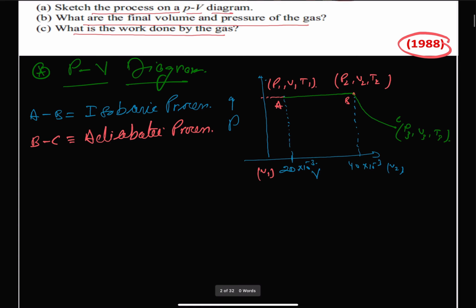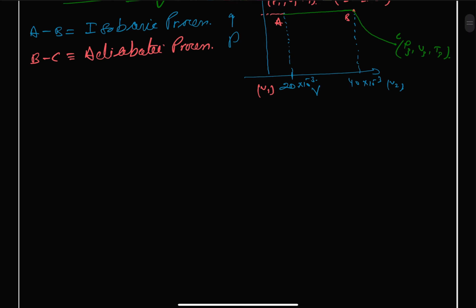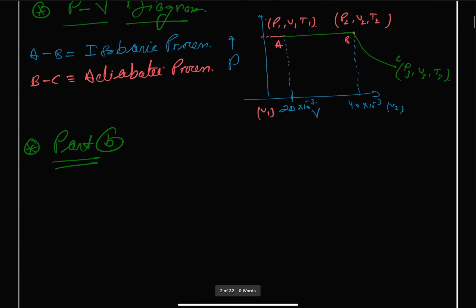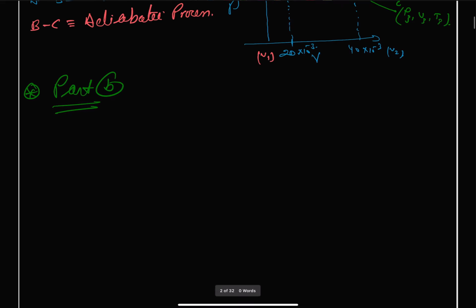Now, this was part A, now we come to part B. In part B, we have to find out the final volume and pressure of the gas. So it means we start with our final volume, that is our V3.